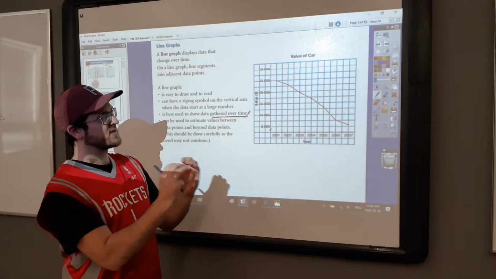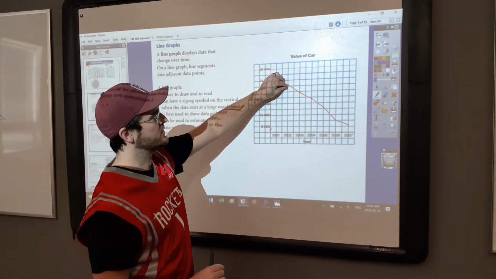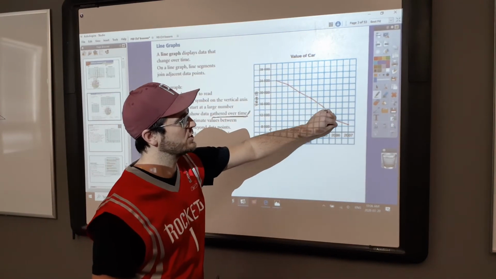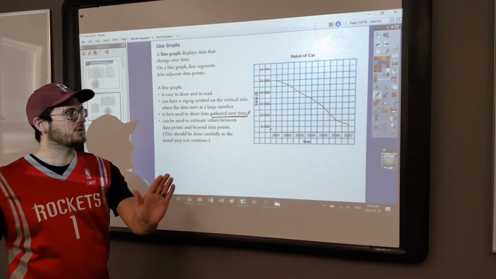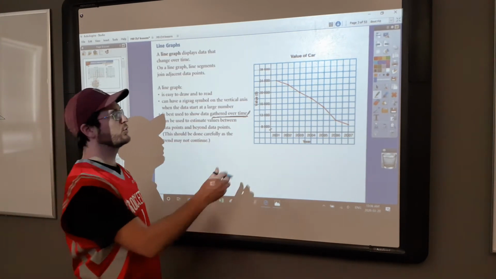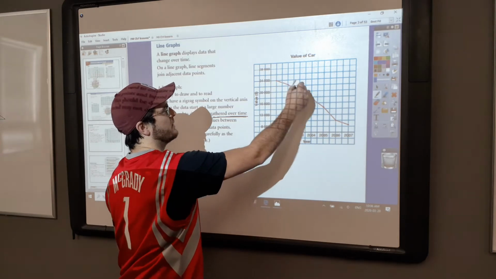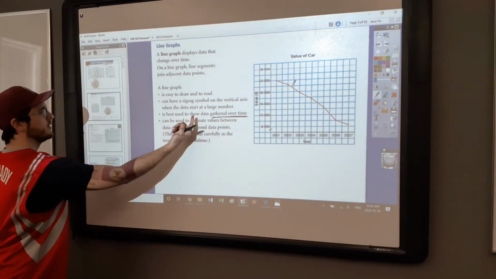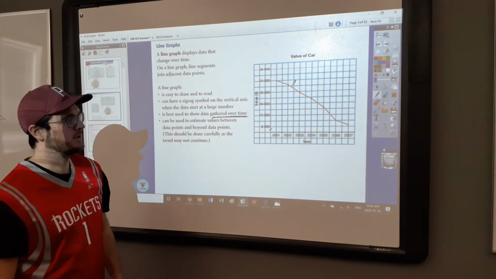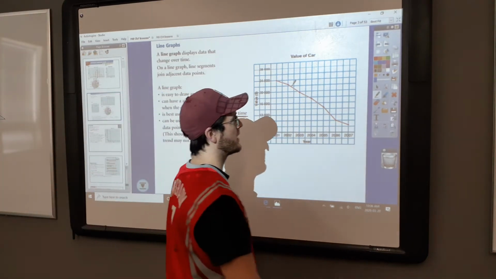So we're talking about that same car's value and how that's changing over time. It's depreciating over time. And so it actually makes sense year by year to actually track that. You could do it with a bar graph, but it wouldn't really make as much sense to have separate bars. It makes more sense. So that's where you're going to see the line graphs typically used, is showing changes over time.